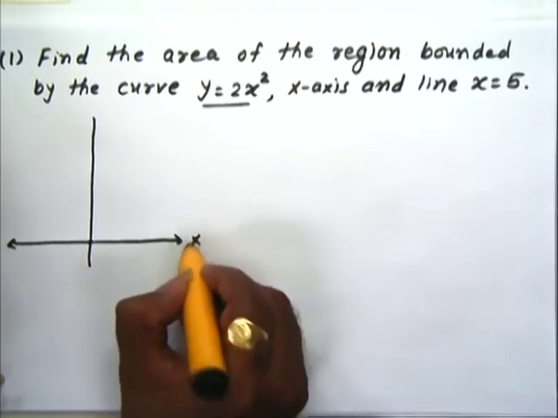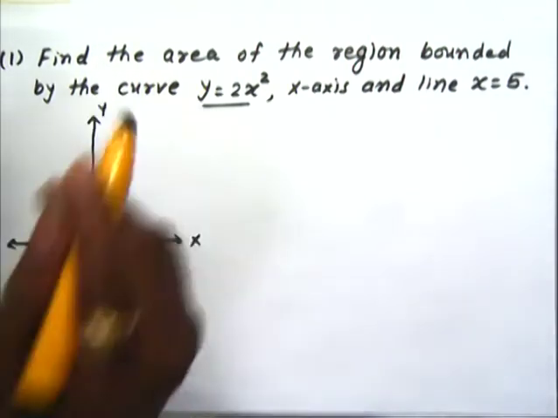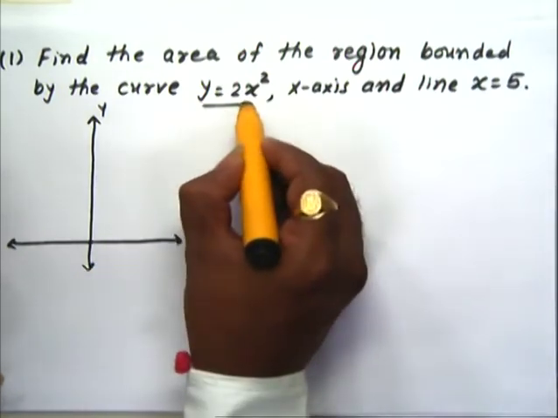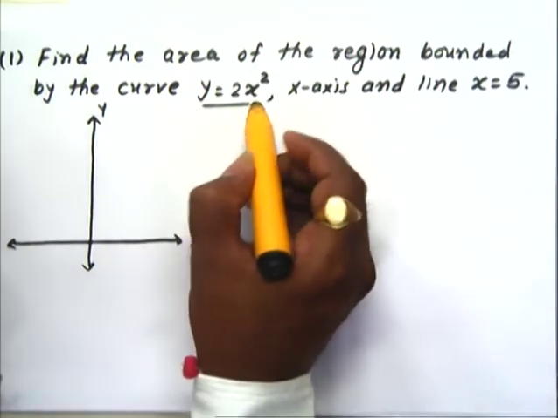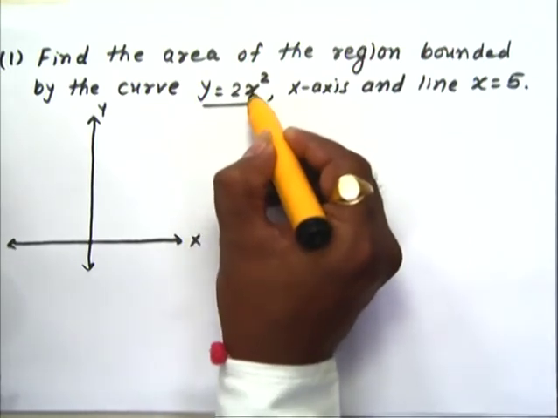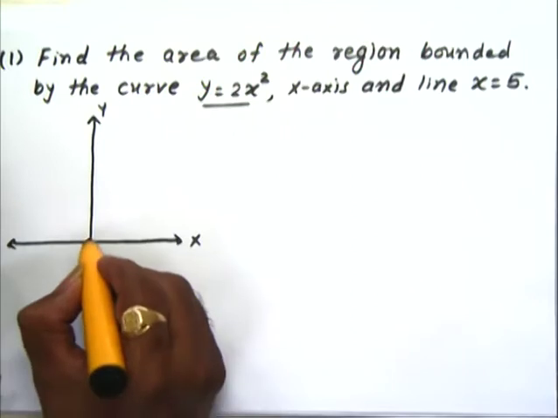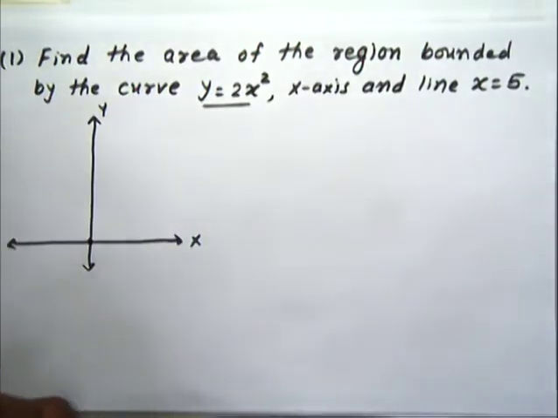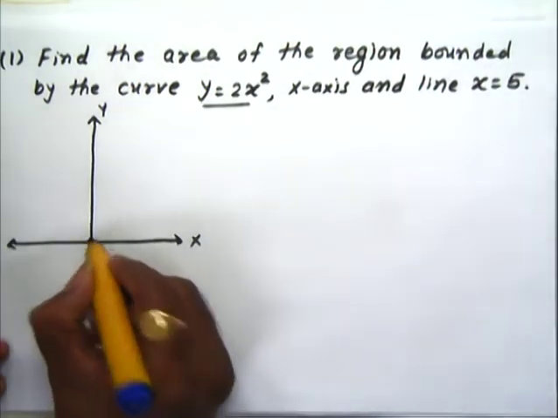This is x axis, this is y axis. Now we want to draw this curve. This is actually a parabola, but how will you draw this? So take x equal to 0. If you put x equal to 0, then you will get y equal to 0. So one point is this.